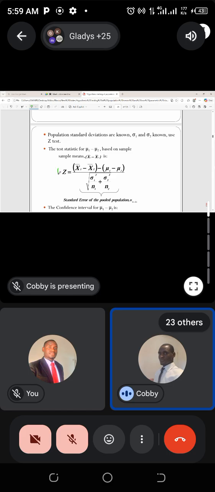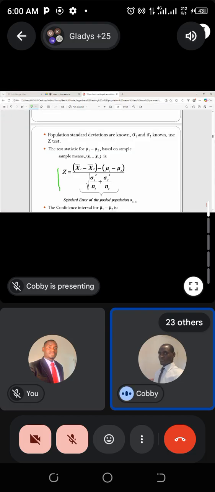So this is the formula to calculate the test statistic, where we say x bar 1 minus x bar 2, minus population mean 1 minus population mean 2, over the variance for the first population divided by the total number of people, plus the variance for the second population divided by the total number of people for the second population.